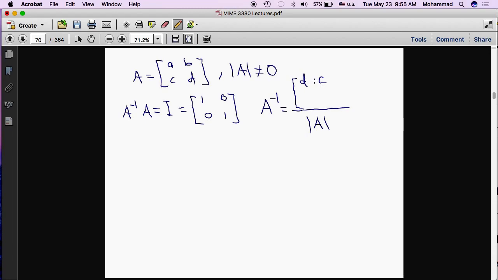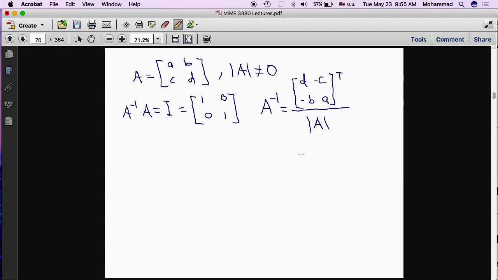And this will have a negative sign. So this also will have a negative sign. So if you eliminate column 1, row 2, what is left is B with a negative sign, and the last one is A. And this matrix needs to be transposed.